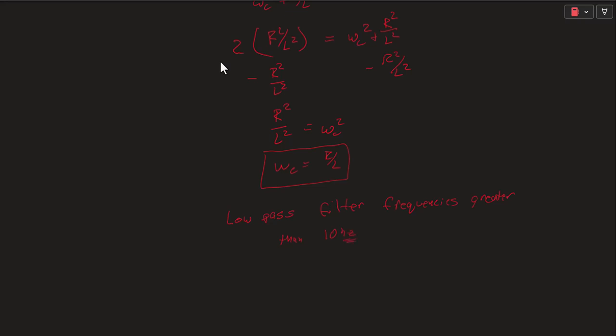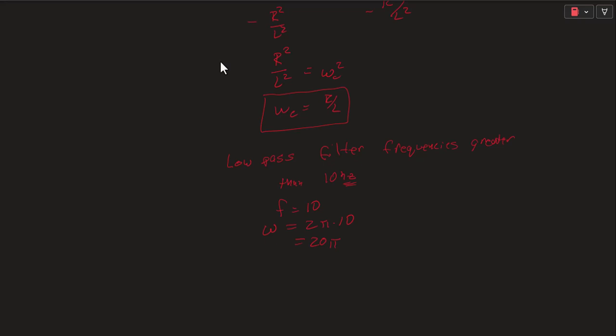That hertz tells us that that's an f, not an omega. So f equals 10 and omega equals 2 pi times 10, or 20 pi. And so that's what we want our cutoff frequency to be. So we would have 20 pi equals r over L.